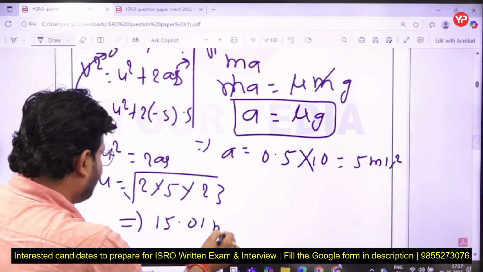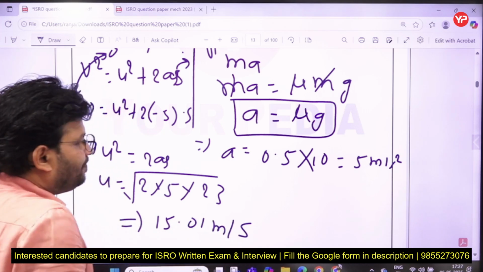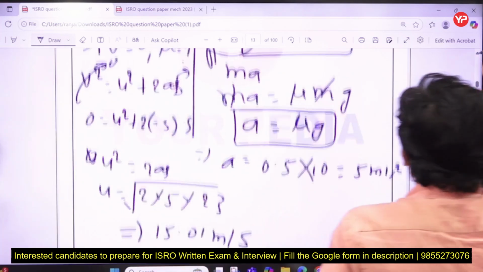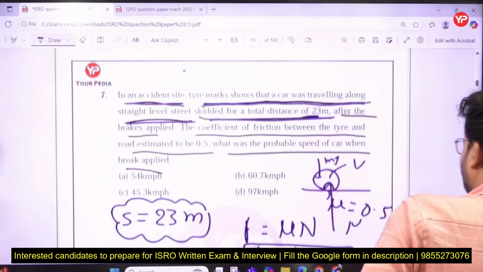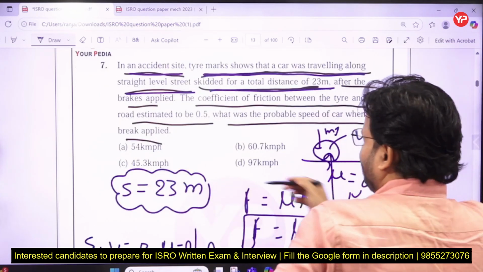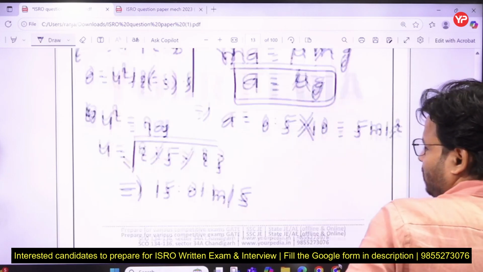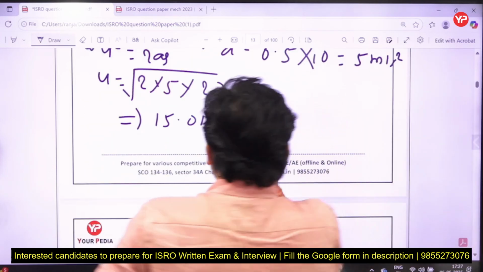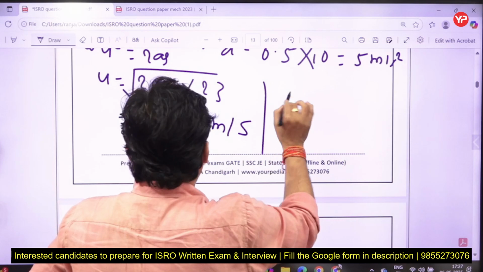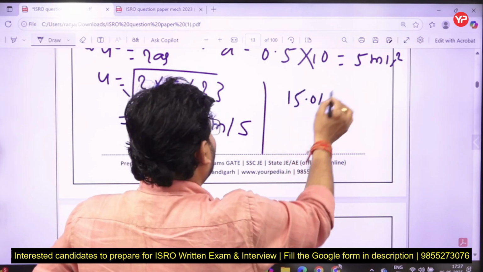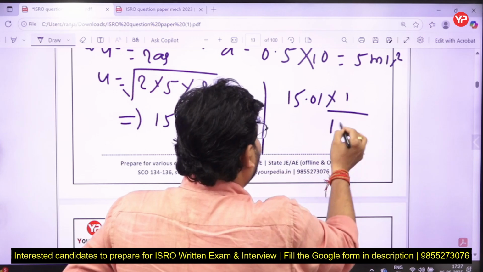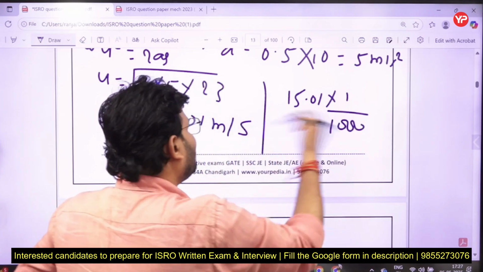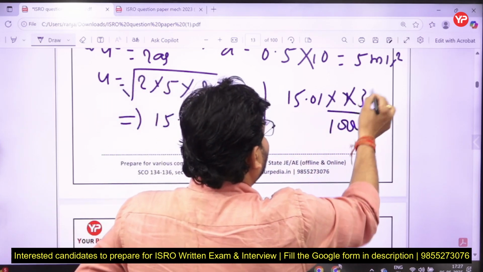This is meter per second, but in the question it is given in kilometer per hour, because a speedometer connected in your vehicle shows kilometer per hour, so the options are given in kilometer per hour. Let us convert. 15.2 meter per second: kilo means 1 upon 1000, but this is per second, so to convert to hour, multiply by 3600.